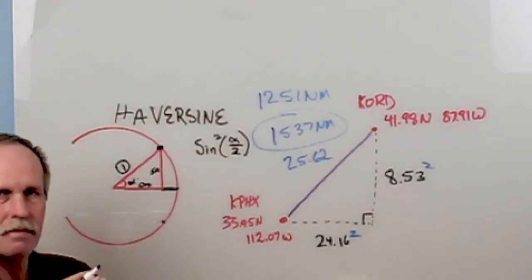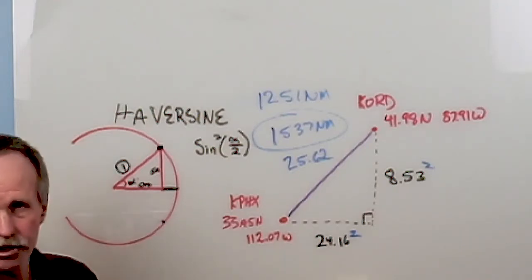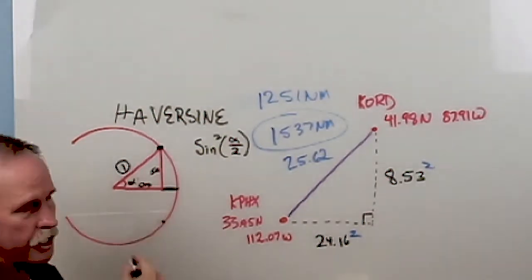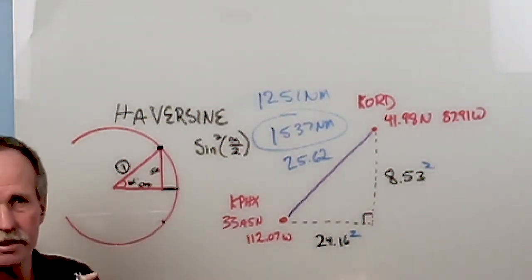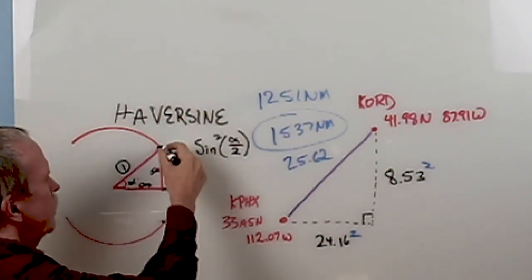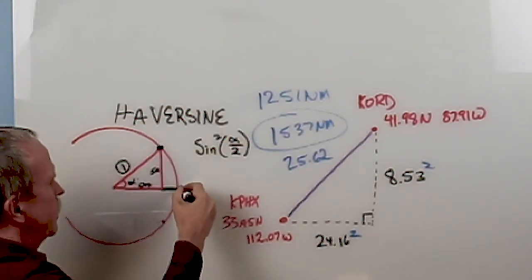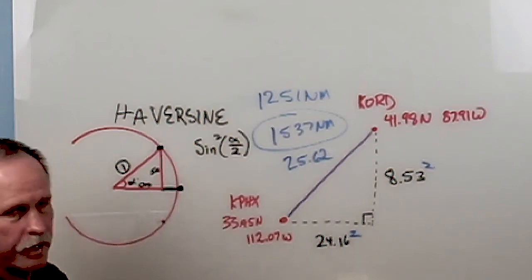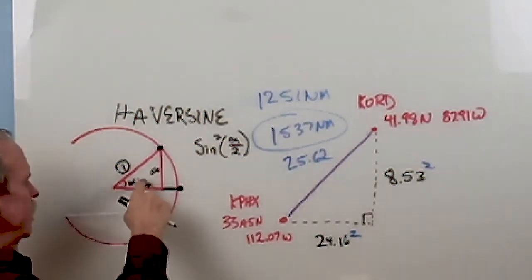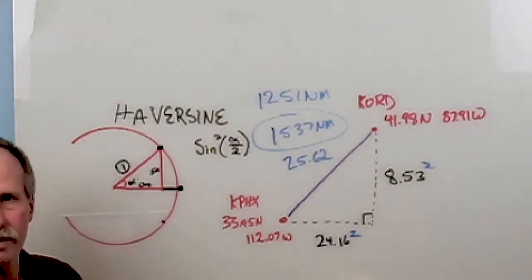Well, let's see how the haversine is used to determine a great circle distance, which is what we're talking about here. It's the shortest distance between any 2 points on the surface of the Earth. If we had an airport up here, and we wanted to go to an airport here, it would be a rather simple matter of just multiplying angle alpha by 60.